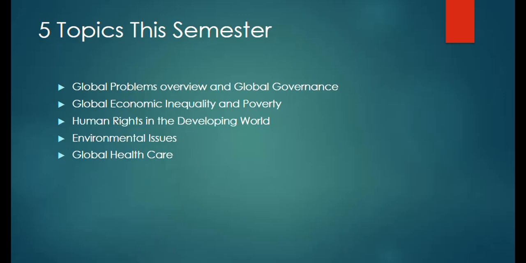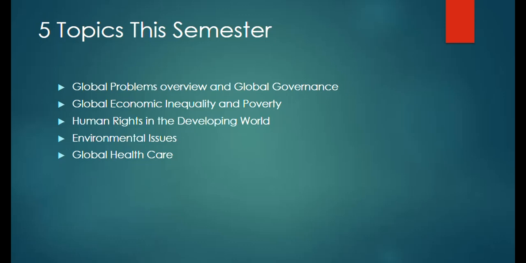Specifically, here are the topics that we'll be looking at throughout the semester in order, starting with the global problems overview and global governance. We'll then jump to global economic inequality and poverty. We'll take a look at human rights in the developing world and some of the problems that we find in that venue.